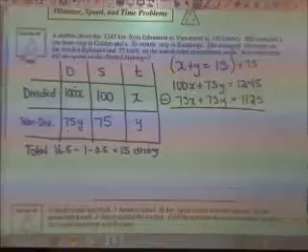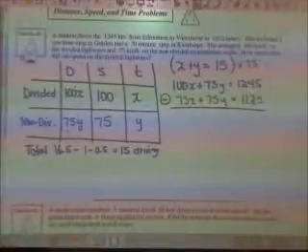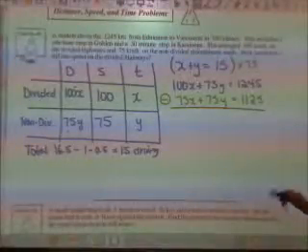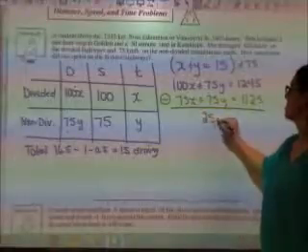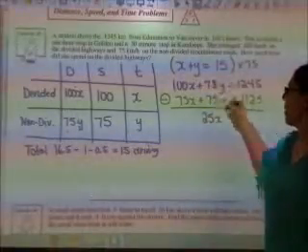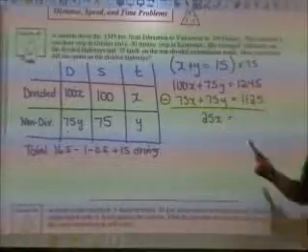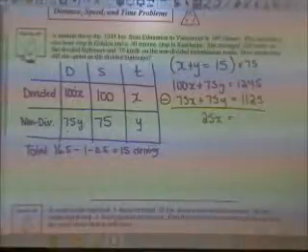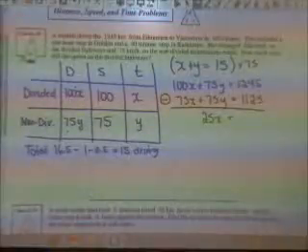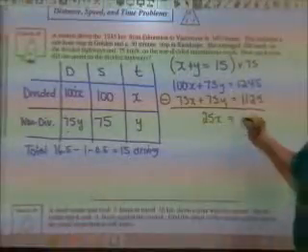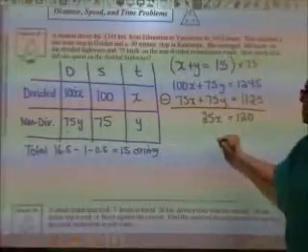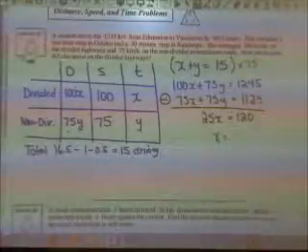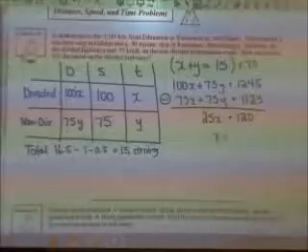So I'd have to subtract these two equations, 100 minus 75. 25x. The y's would cancel out. And what is 1245 minus 1125? 120? Yep.